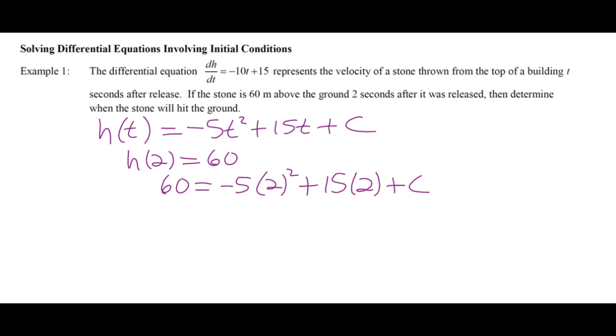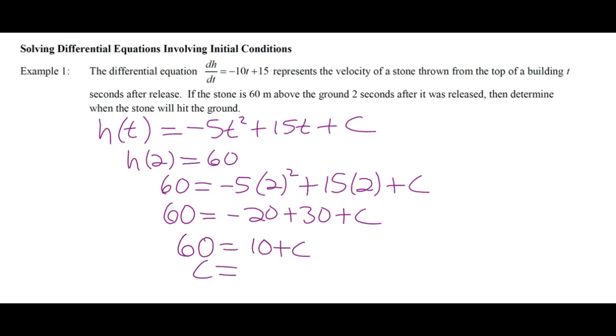Now we can solve this. 2 squared is 4, so negative 20 plus 30 plus c. 60 equals 10 plus c, so c is 50.